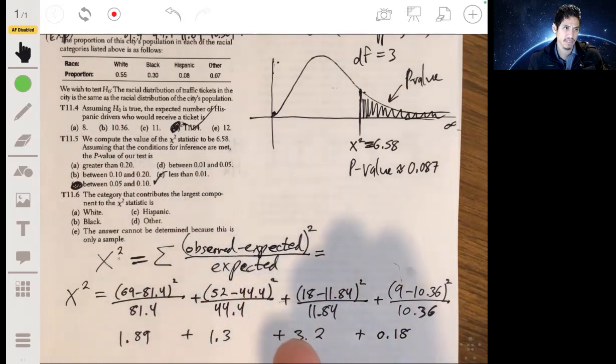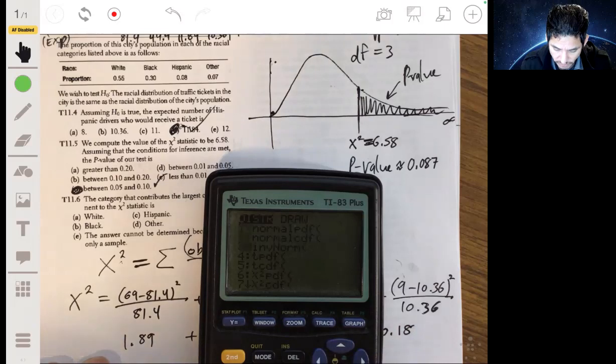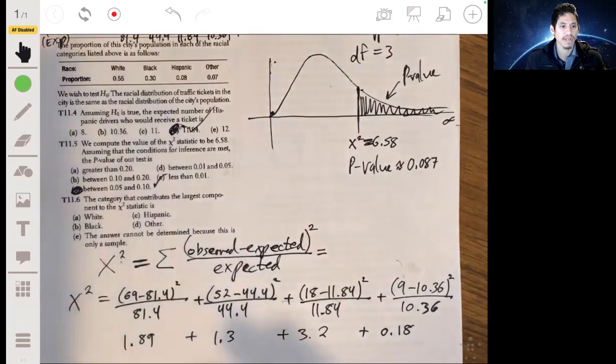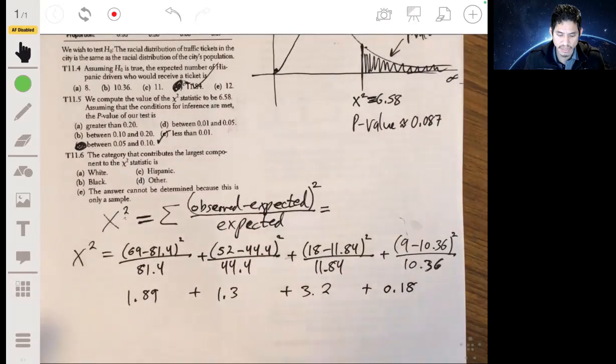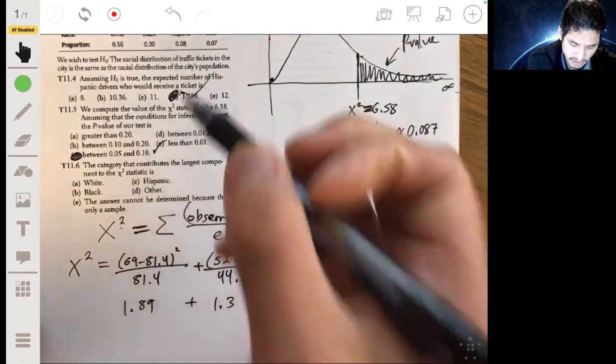This is a chi-square test for goodness of fit. The one I have doesn't; it only has the chi-square test for homogeneity, but that's not too big of a deal. Anyways, you can see the biggest contributor was the Hispanic group, which contributed 3.2. So their answer would then be C.